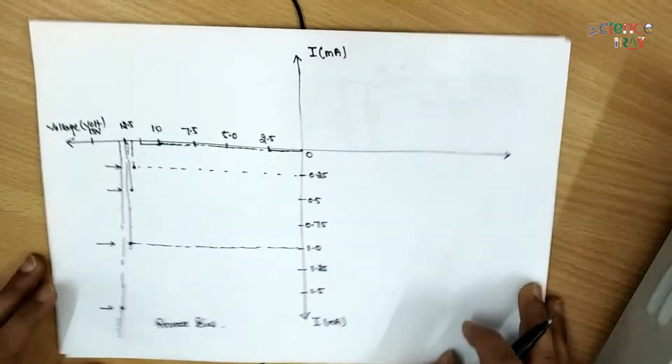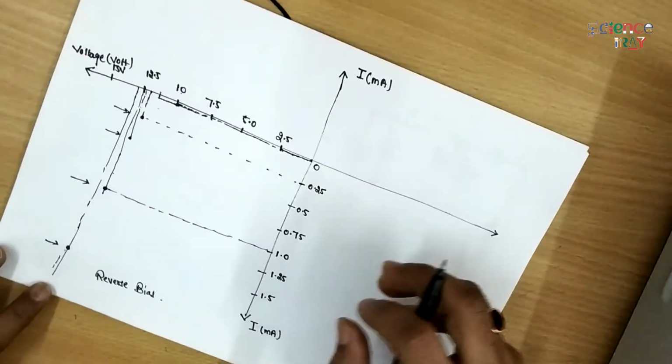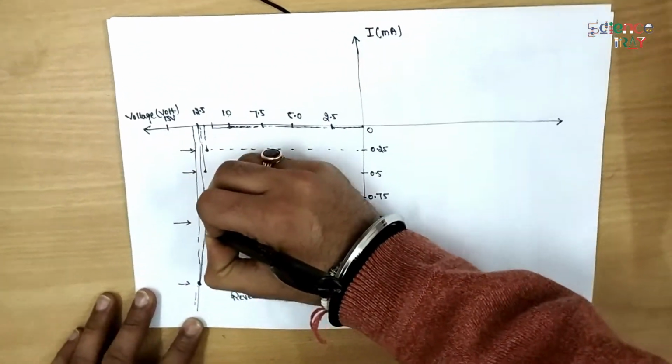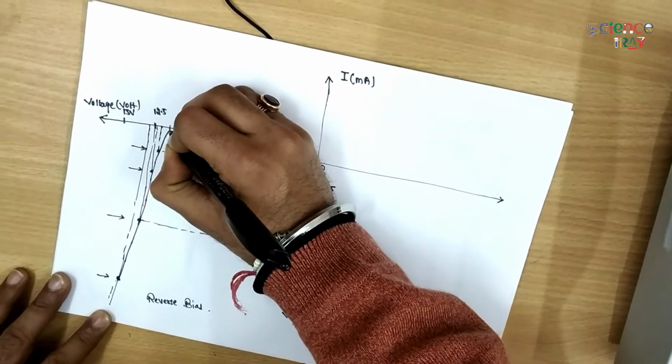The point is here. So now we connect the dots and find what our graph says. We are connecting the dots.